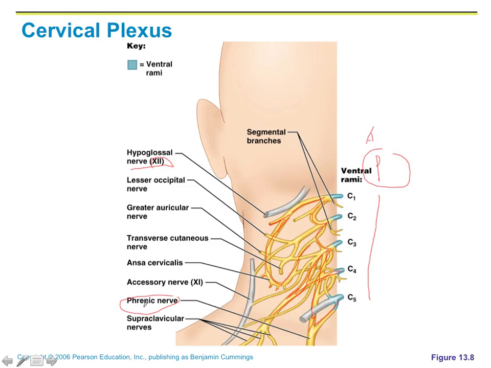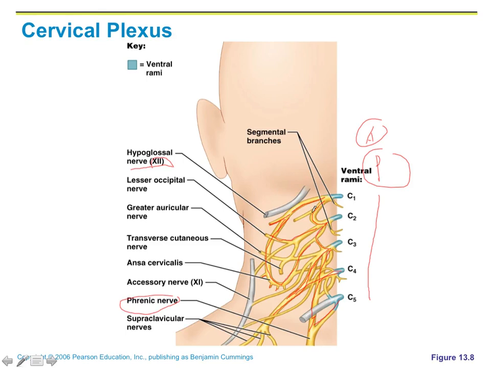Now let's focus on the anterior part, continuing from the C2. The C2 sends branches at the anterior side, called the lesser occipital nerve.